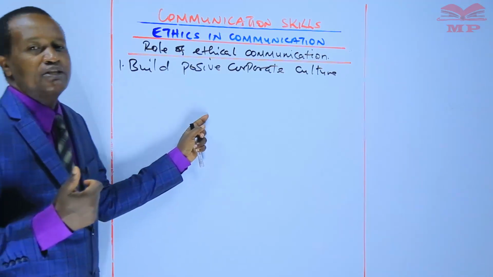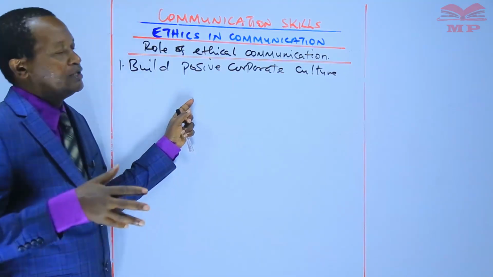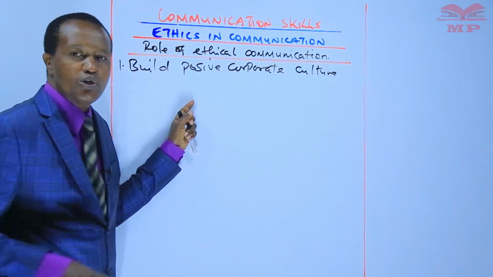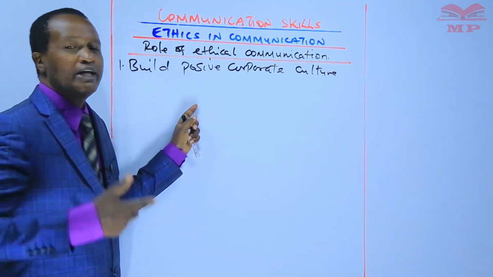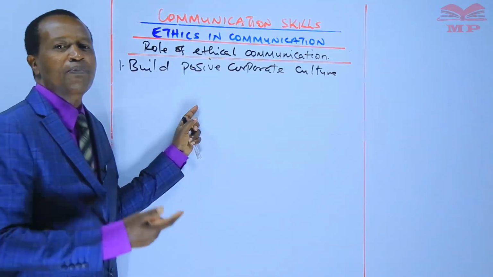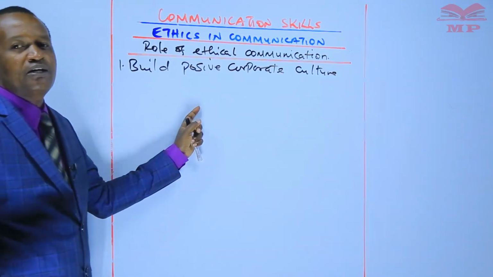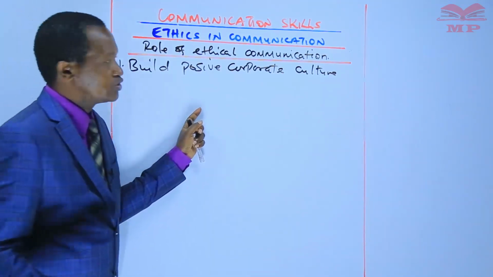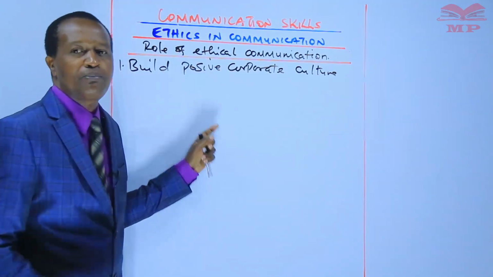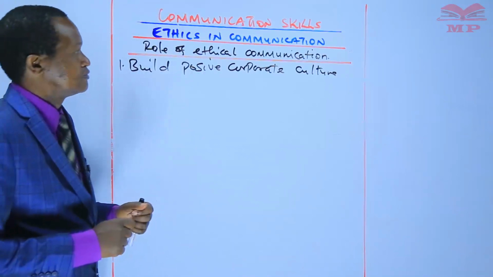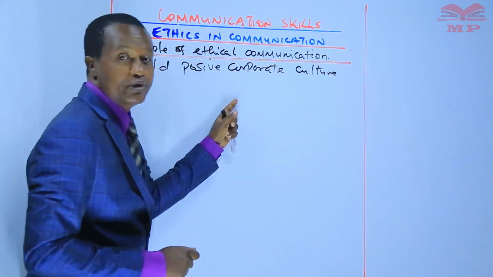And such policies include anti-discriminatory rules. Such policies may include an open door policy. It may also include equal opportunities for growth. So when employees feel good about being at work, the overall feeling in the organization is more positive. And that breeds organizational loyalty as well as productivity, because employees feel good about showing up for work. So ethical communication can help to build a positive corporate culture.